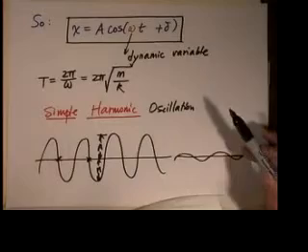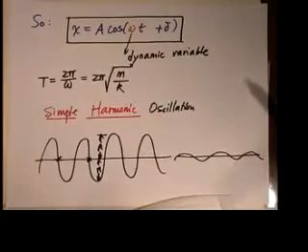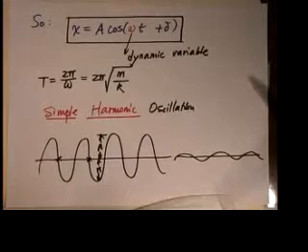It has nothing to do with A, because the period has no A in it. Does that make sense? Well, qualitatively actually it does, because if you pull the spring a lot, the spring will have to cover a great distance before it reaches back to the equilibrium position, which is x equal to 0. So you might think it takes longer because it has to cover a greater distance.